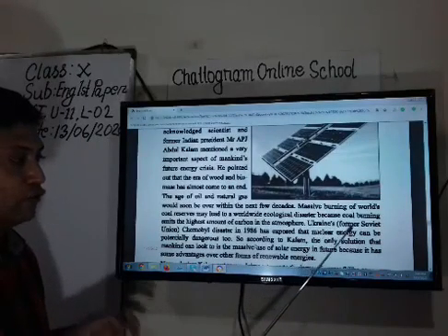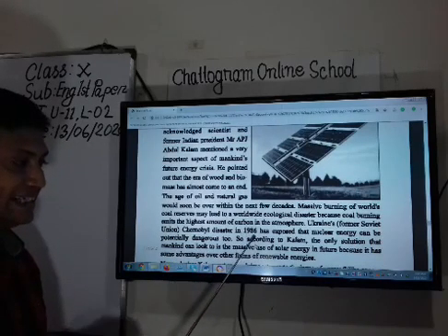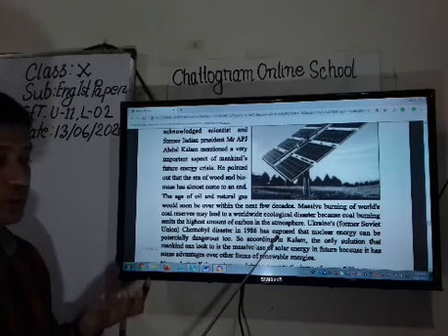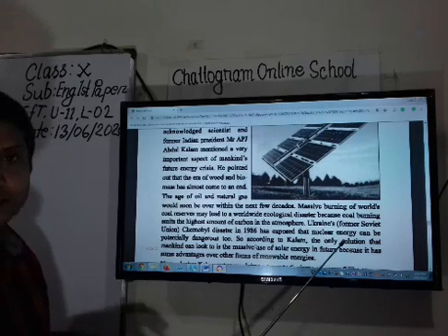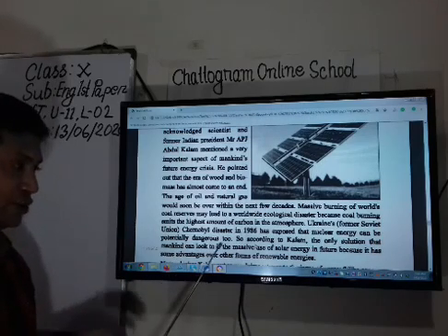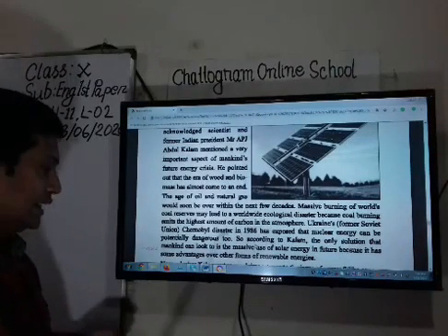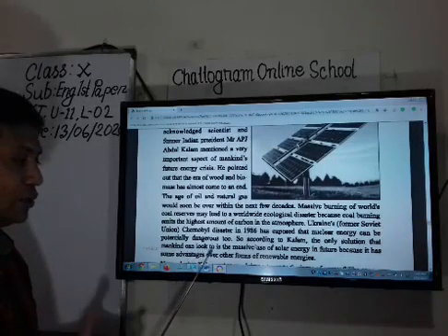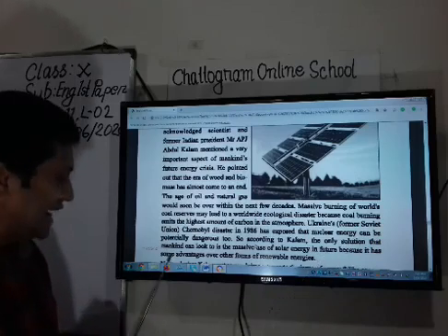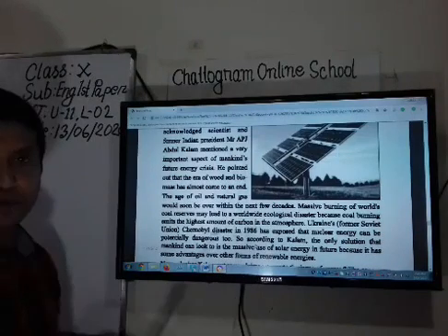The Chernobyl disaster in Ukraine, former Soviet Union, in 1986 has revealed, has disclosed or uncovered, that nuclear energy, atomic energy, can be potentially, possibly dangerous too. So according to Kalam, the only suggestion is that mankind can make massive use of solar energy in future, because it has some advantages over other forms of renewable energy.